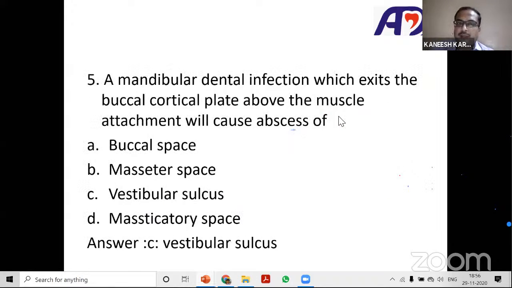Coming back to the question, a mandibular dental infection exiting the buccal cortical plate above the muscle attachment goes intraoral, so it will be the vestibular sulcus.